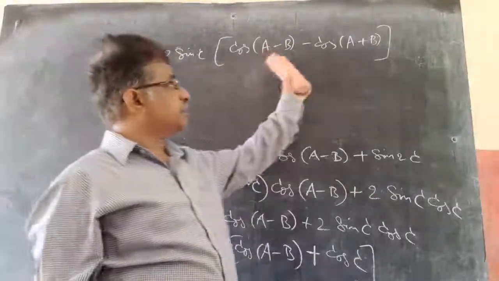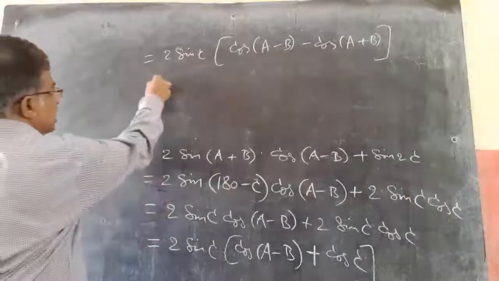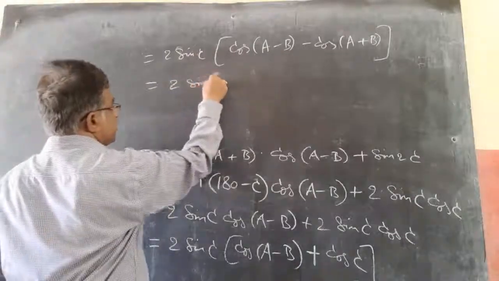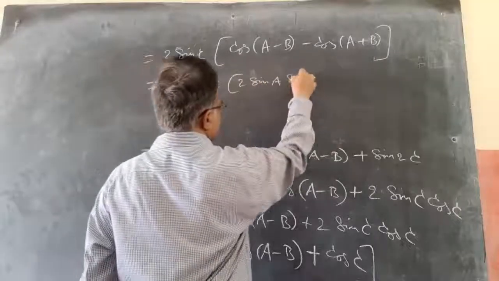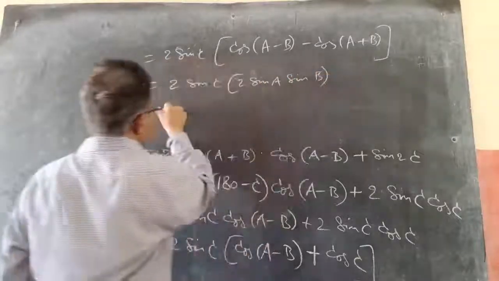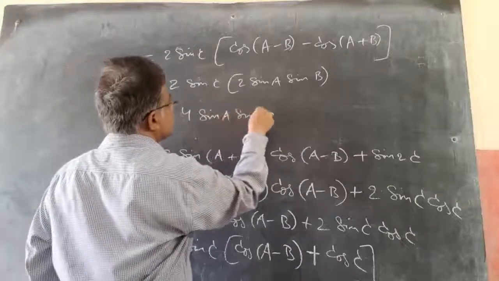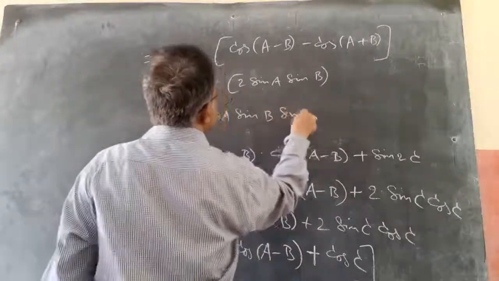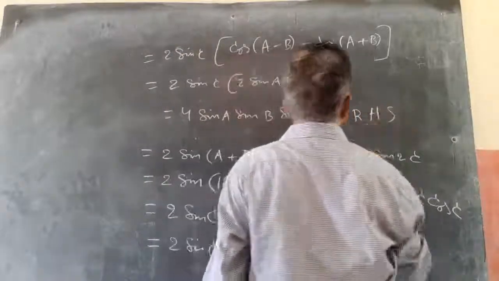Now cos (A minus B) minus cos (A plus B) means, by the fourth formula, 2 sin A sin B. So 2 sin C into 2 sin A sin B, which is equal to 4 sin A sin B sin C. This is equal to our RHS. Hence proved.